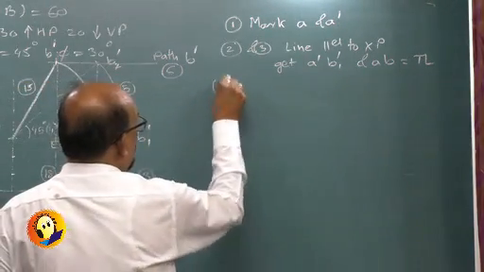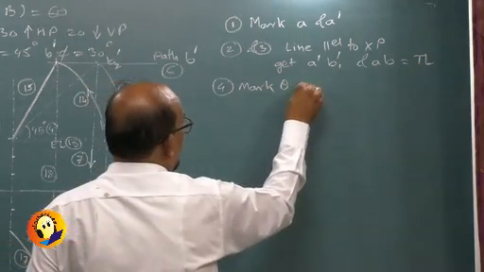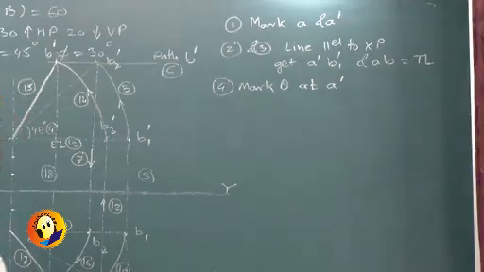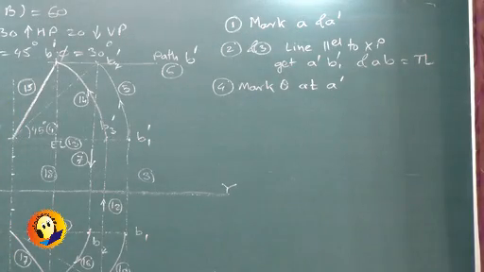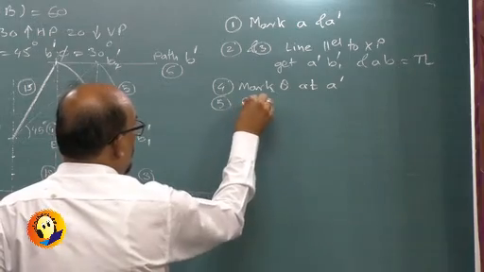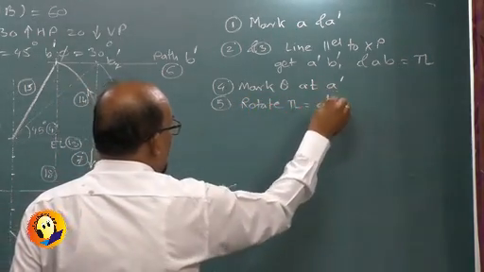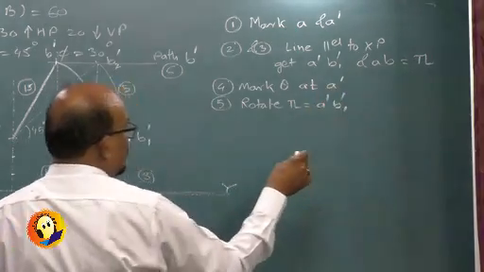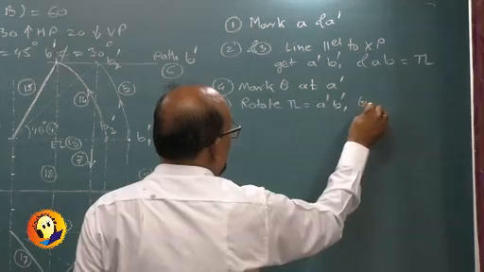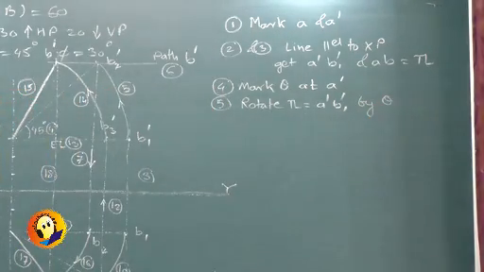Step number 4, mark theta at A dash. Step number 5, rotate true length equal to A dash B1 dash by theta. That is step number 5.